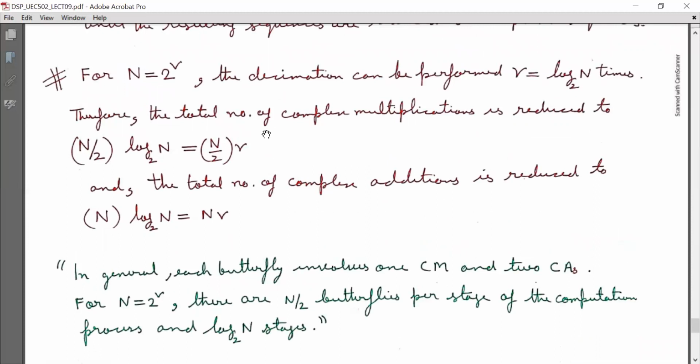So for n equal to 2 raised to power v, the decimation can be performed v equal to log 2n times. Therefore, the total number of complex multiplications is reduced to n by 2 into v, that is n by 2 log 2n, and the total number of complex additions is reduced to n log 2n, that is equal to n v. V is log 2n.